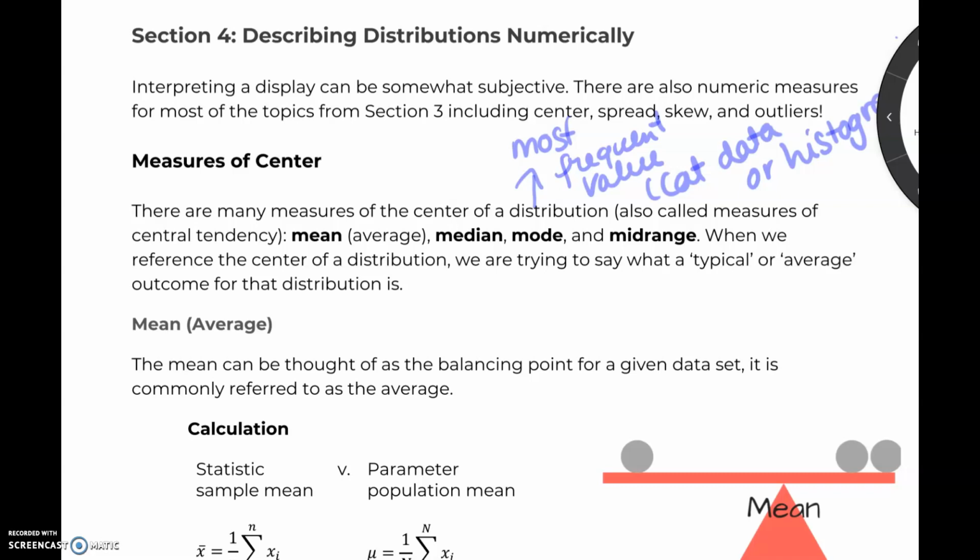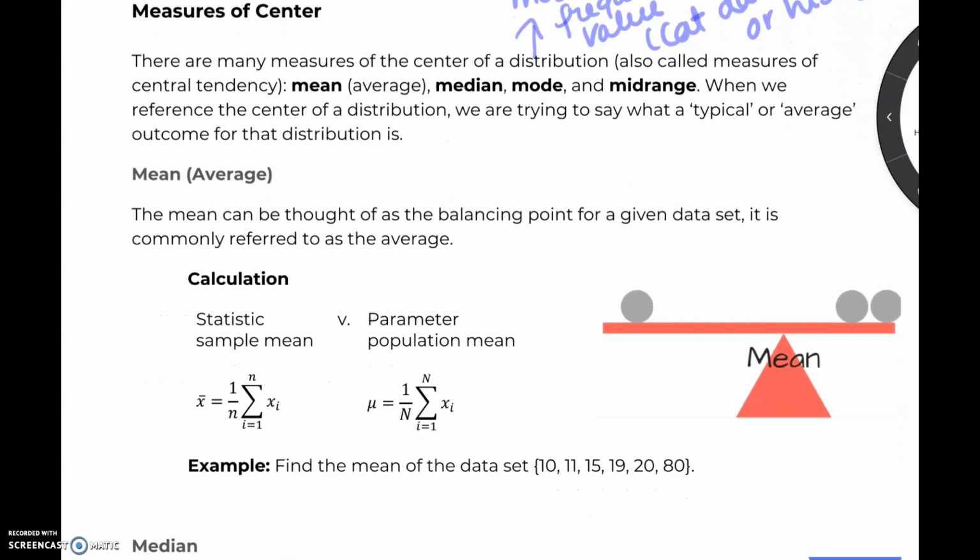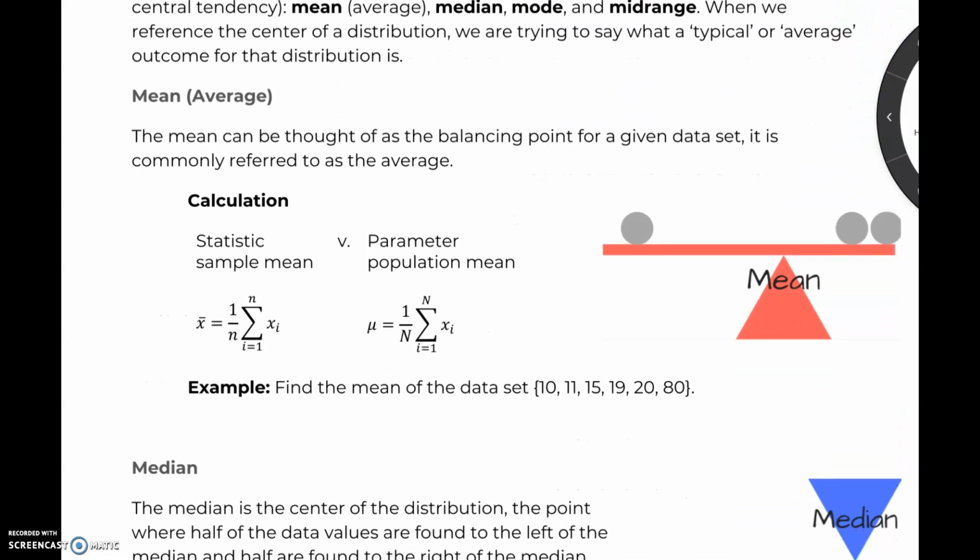So again, we talk about a typical or an average outcome, and depending on the shape of the distribution, we may want to use a typical value as the mean, or we may want to use the median instead. So all of you have seen how to calculate the average before, and this is basically the balance point over here on a scale.